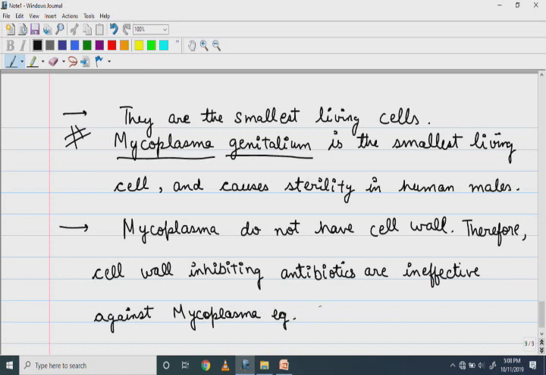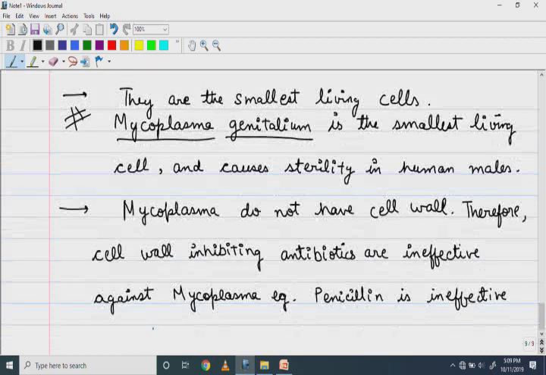Example, penicillin is ineffective against PPLO, against mycoplasma, because penicillin is a cell wall inhibiting antibiotic. It was the first antibiotic, and it has the ability to inhibit cell wall growth. Sorry, cell wall synthesis. All right.